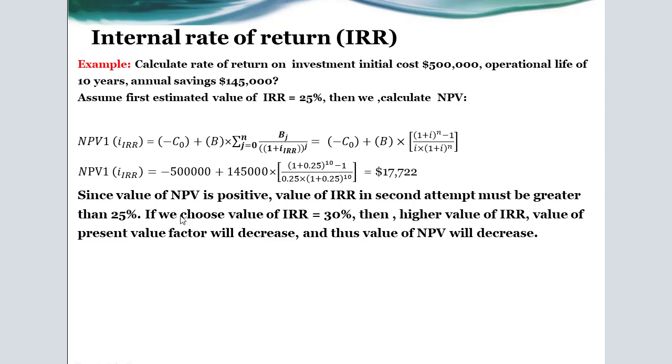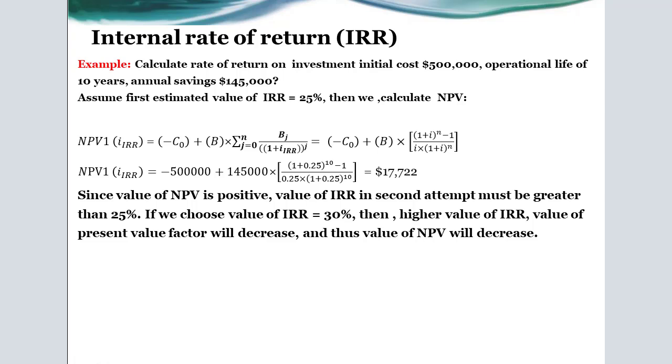Now, this is the second trial. If we choose a value of IRR of 30%, then with the higher IRR the present value factor will decrease, and thus the present value will decrease.